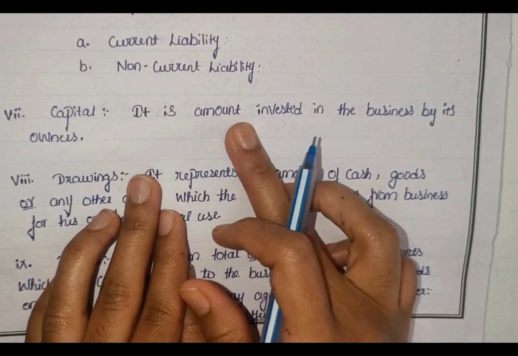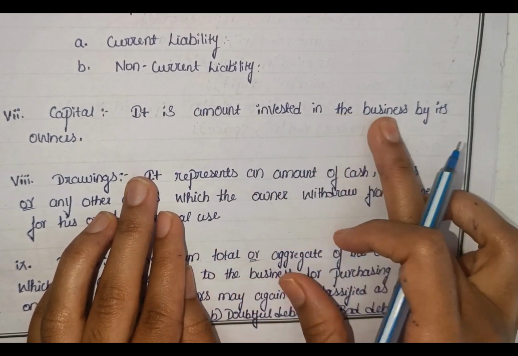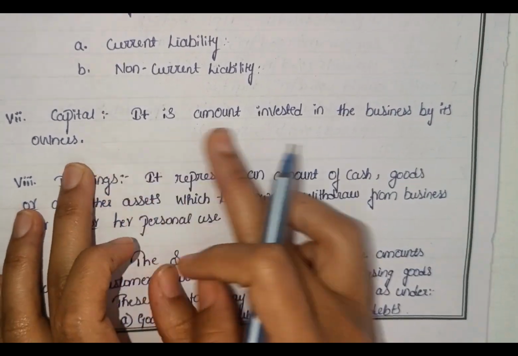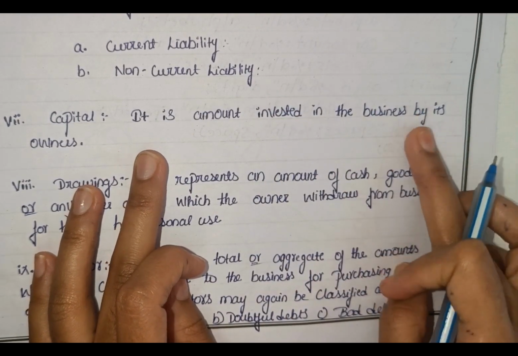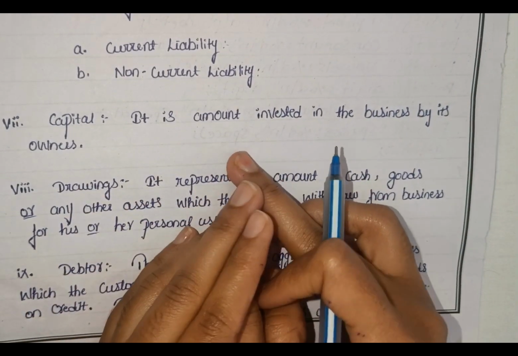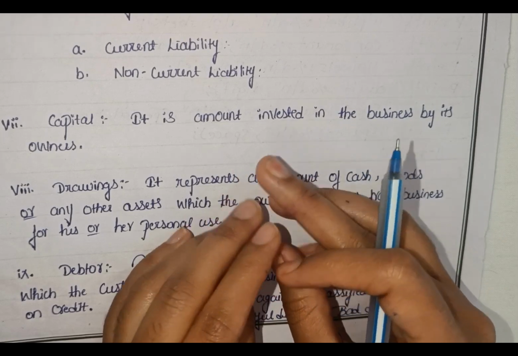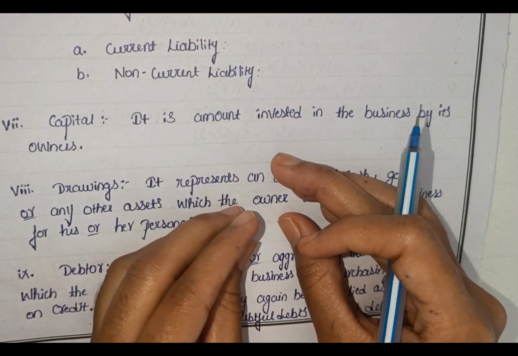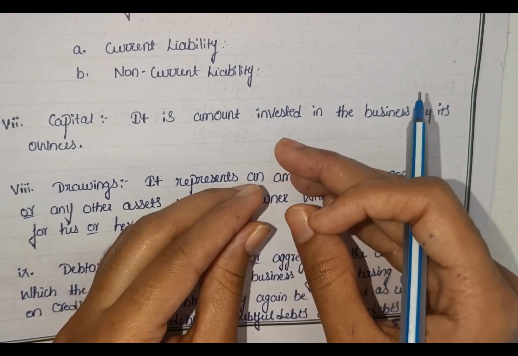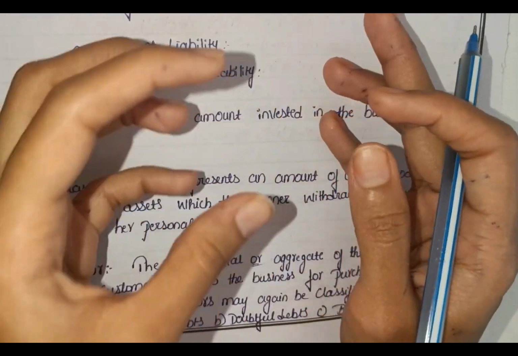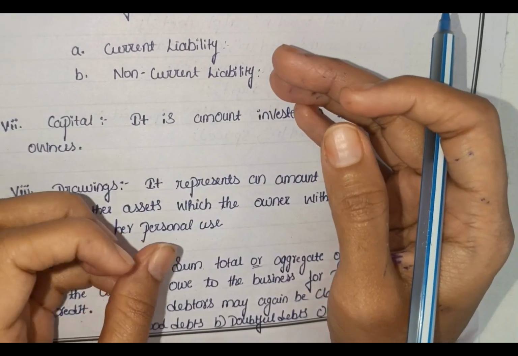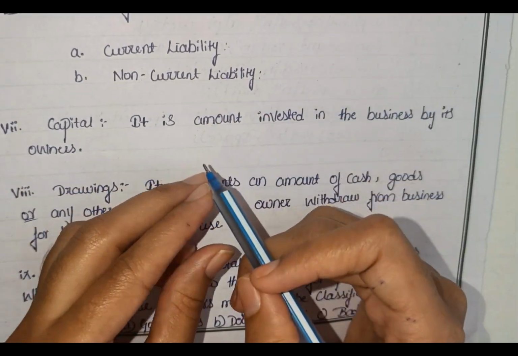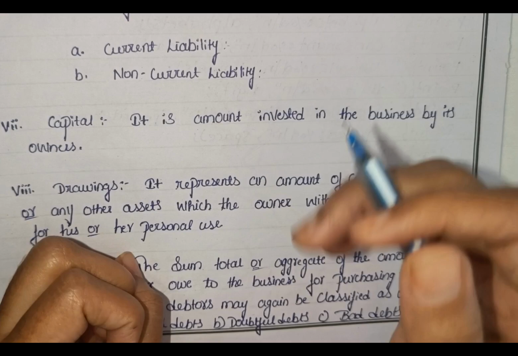Capital means it is an amount invested in the business by its owners. The owners invest the amount in different sectors, like purchasing machinery, purchasing raw material, and also keeping some of the amount for future purposes.